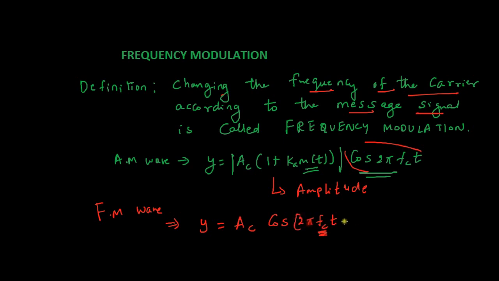So there will be something called phi added. So this is an FM wave. Okay. Now we'll derive the FM wave so that we get a picture of how it is generated.